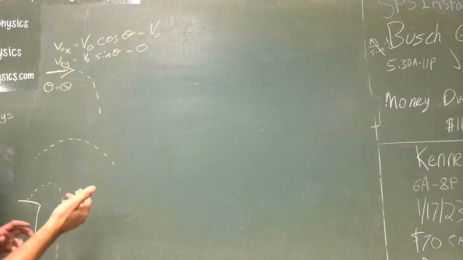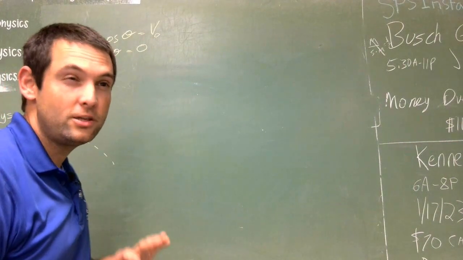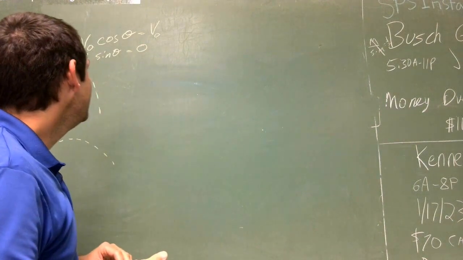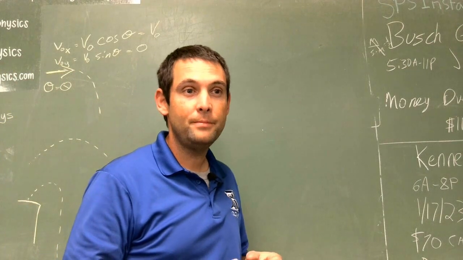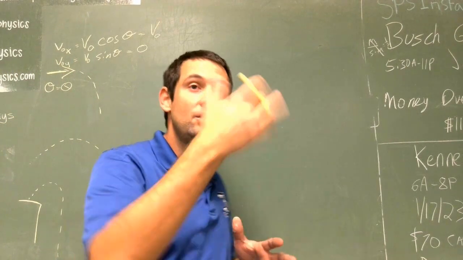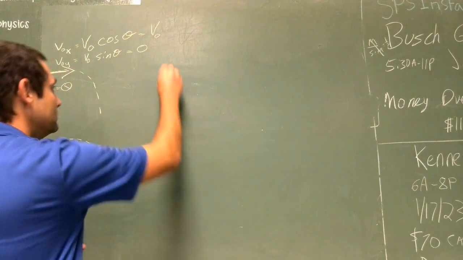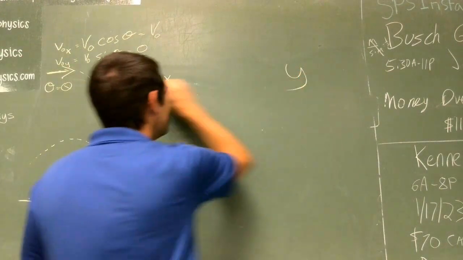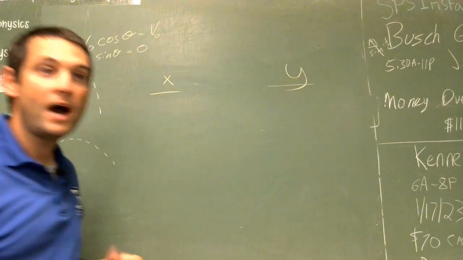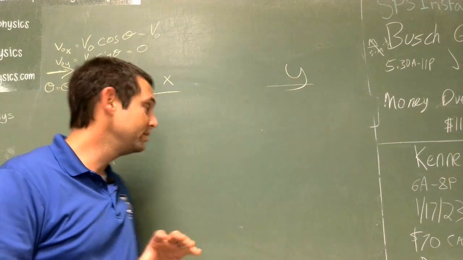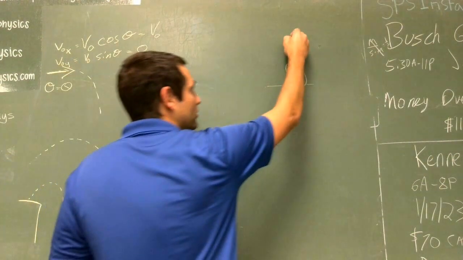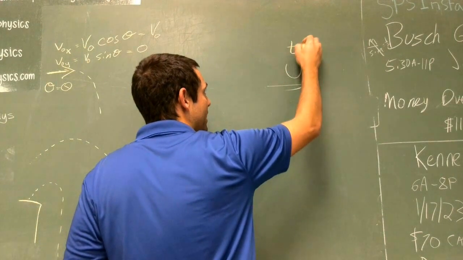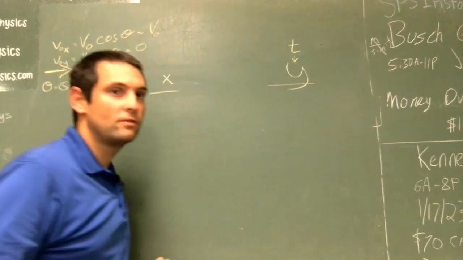The big key or secret or tip, whatever you want to call it, is that if you need to find time, and a lot of times you need to find time, look for time in the y direction. What does that mean? That means we have to keep our x and y stuff completely separate. When we do that, we want to look for time in the y direction.